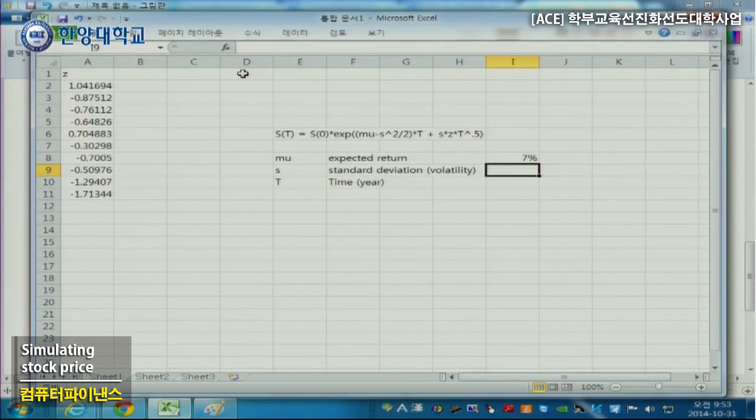Volatility, what was the volatility of Walt Disney? It was like 20%, right? And then time to maturity. I want to simulate the stock price of Walt Disney 5 years later.